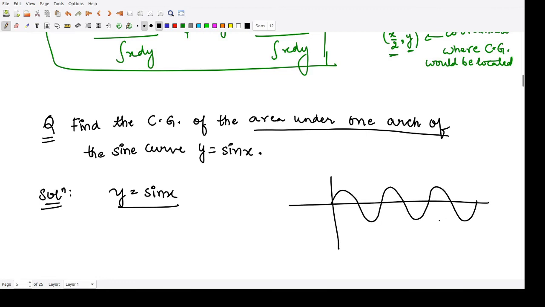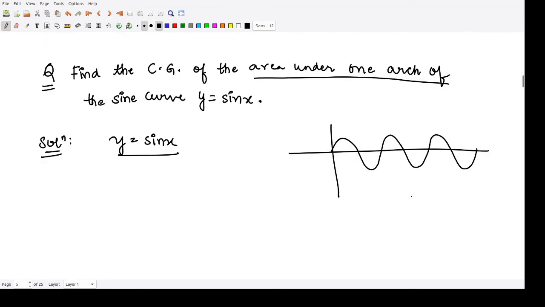But because they are saying calculate it for one arc, we'll only go up to this point. So our graph would be like this, not this, but this, right? This point is 0, 0, and this point is pi. If this represents x, this represents the angle, and this represents sine of this angle, so sine of x.